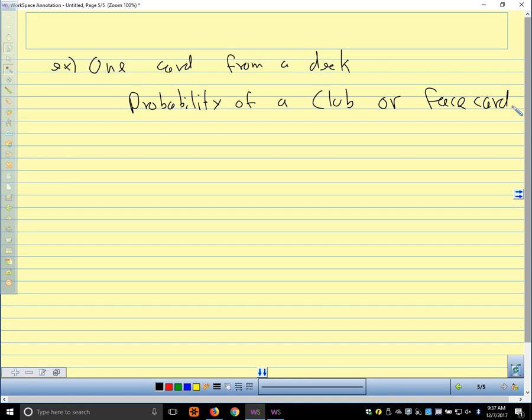So this is an or probability, but we have to make sure whether or not we have an overlap. Are some face cards club cards? Or some clubs face cards? Yes. So we have an overlap. So these are overlapping events.